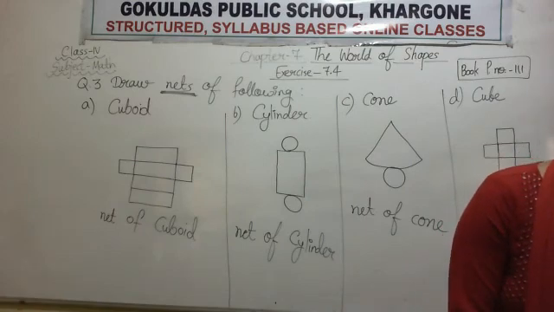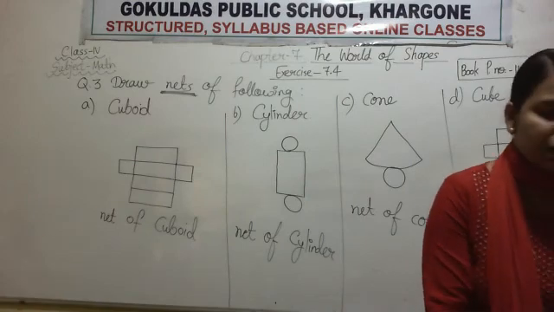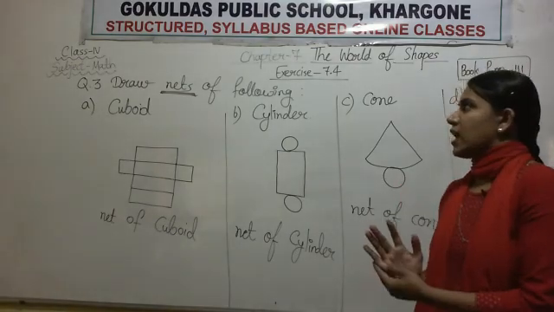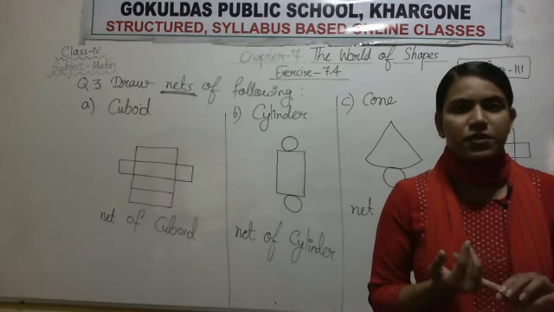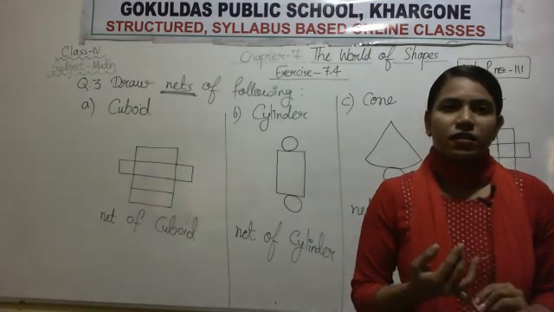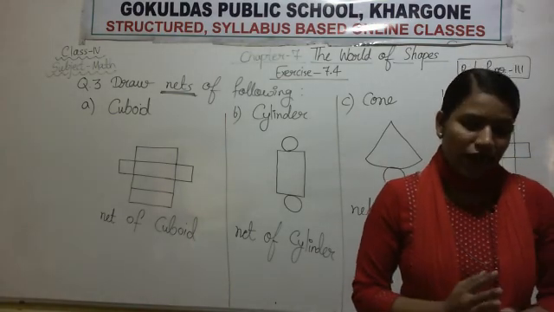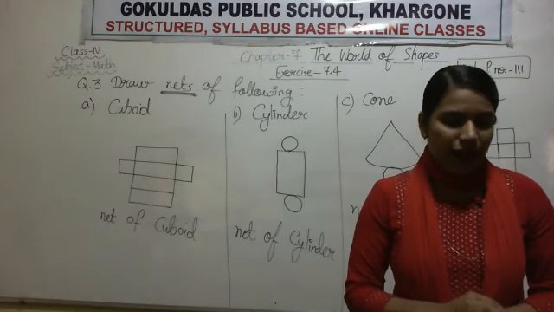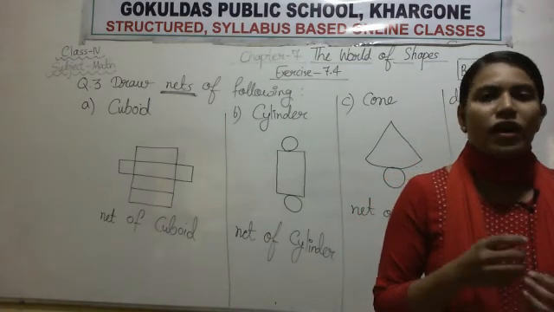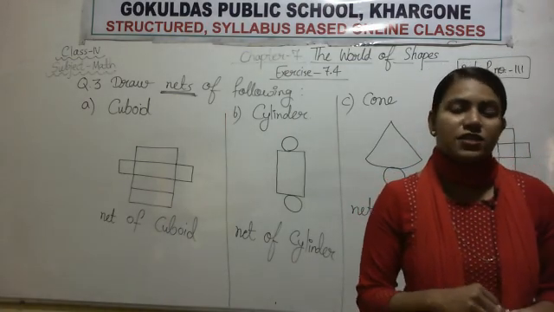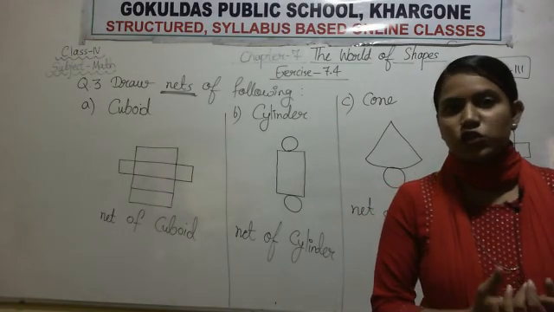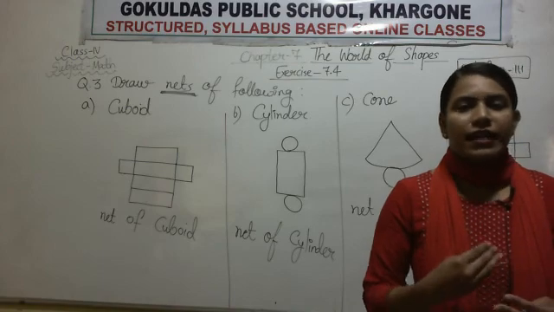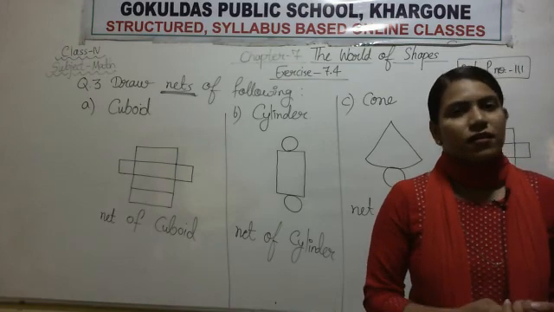So for summary, I am telling what we have discussed in this chapter. We discussed what is geometry, the study of shapes and properties of shapes. Then we learned how to draw a line segment. We discussed different terms related to geometry like point, line segment, line, ray.